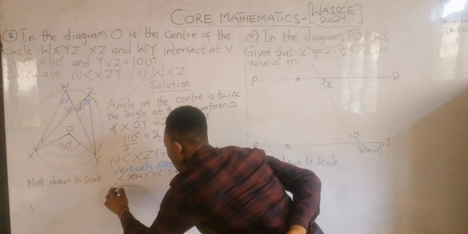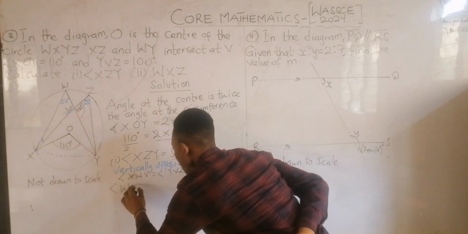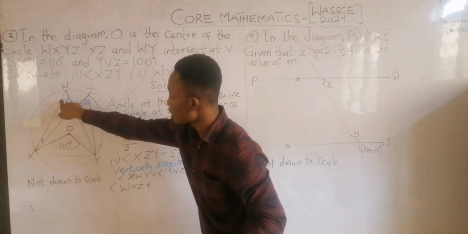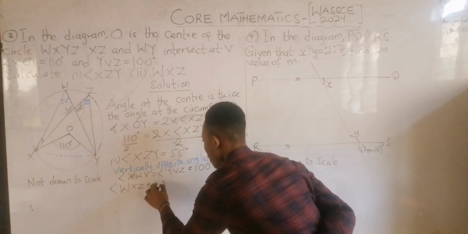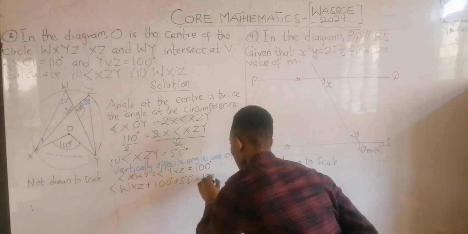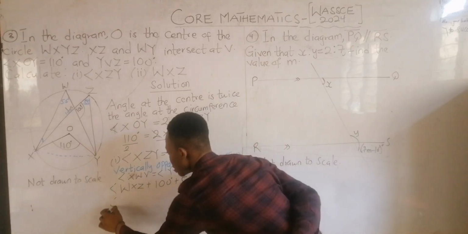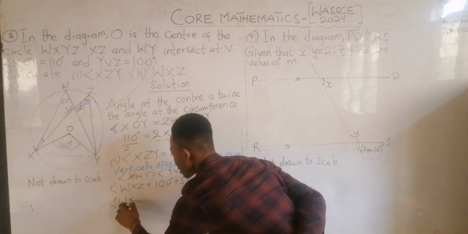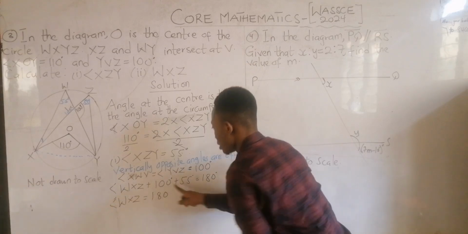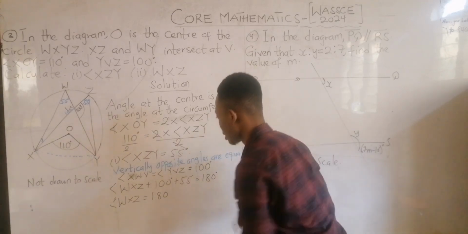WXZ plus 100 plus 55 is equal to 180. Then 100 plus 55 is 155.